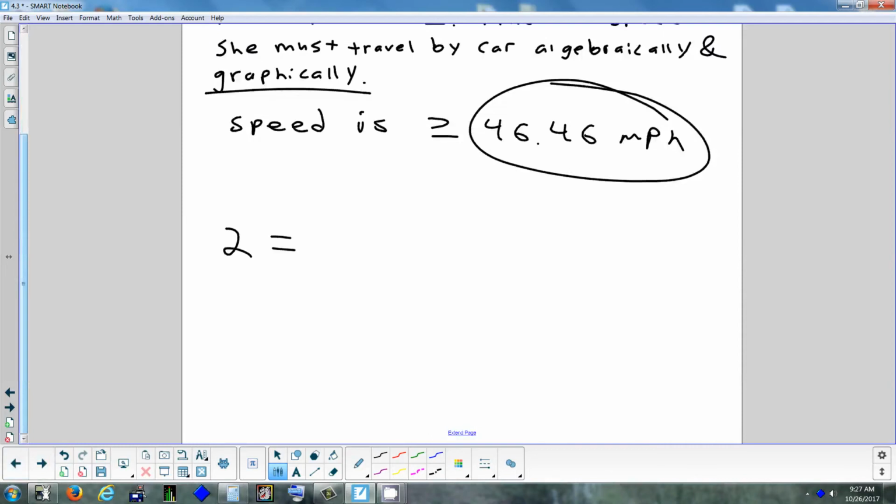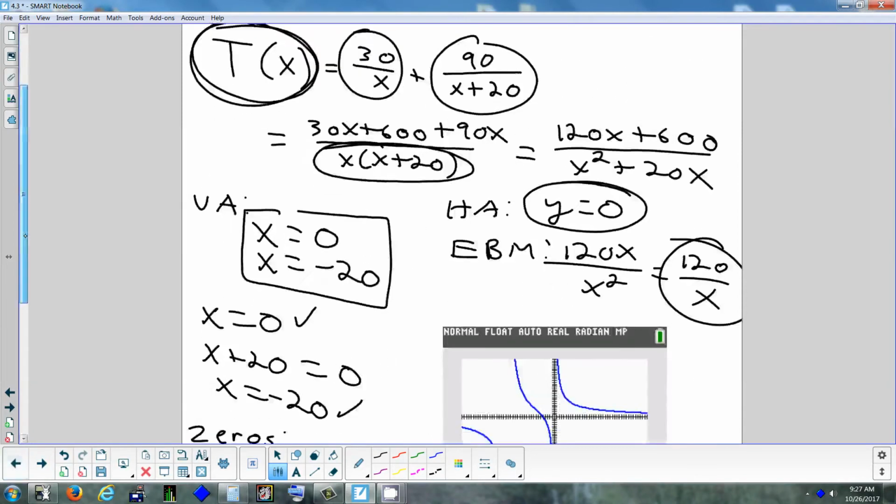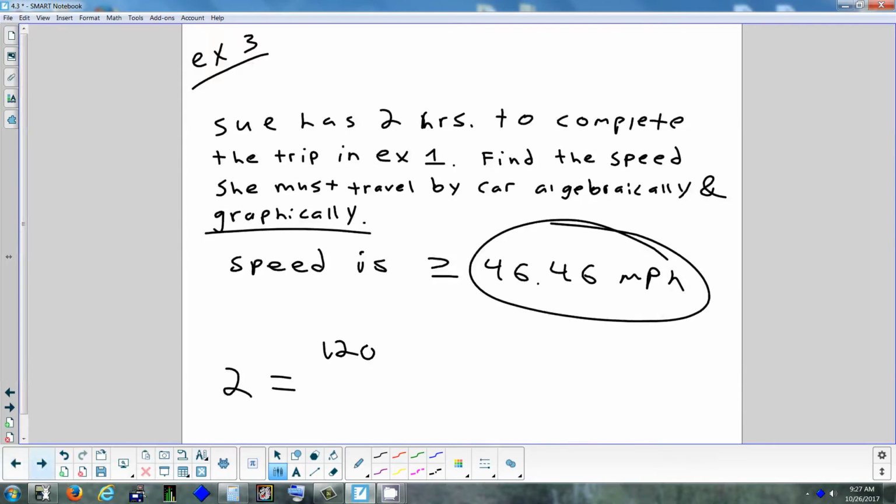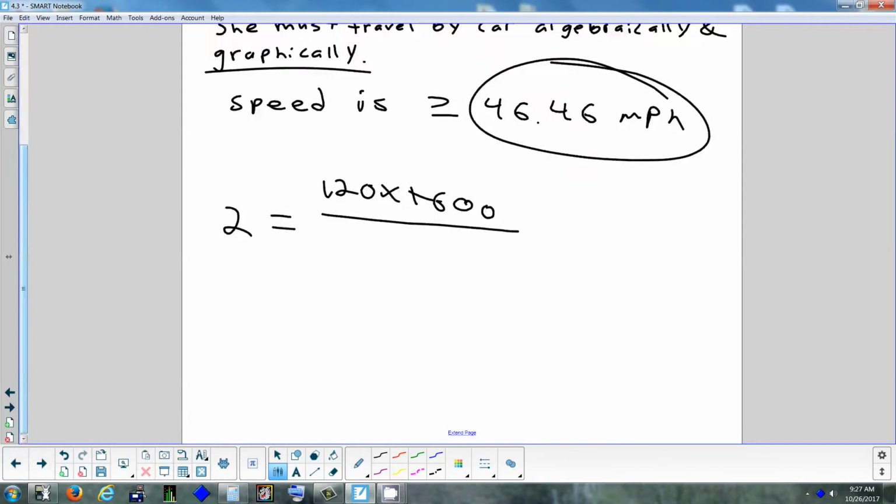So we've got 2 equals 120x plus 600 divided by x squared plus 20x. Okay, what would be my first step to solve that equation?